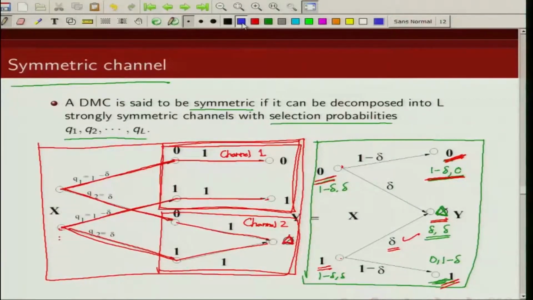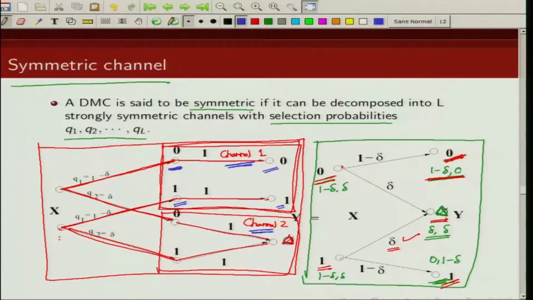Another point to be noted is that channel 1 and channel 2 are strongly symmetric channels. You can verify this. Channel 1 is uniformly dispersive because the probabilities in descending order are 1 and 0 whether I consider this input or this input. This is also uniformly focusing. If I consider the output 0 or 1, again the probabilities arranged in decreasing order will be 1 and 0. So channel 1 is strongly symmetric.